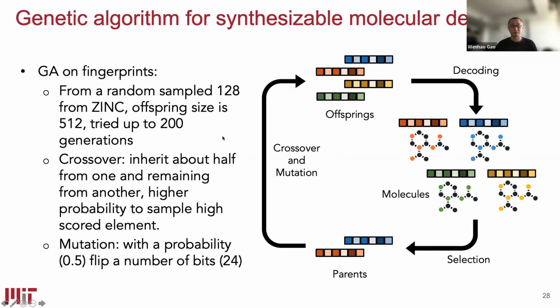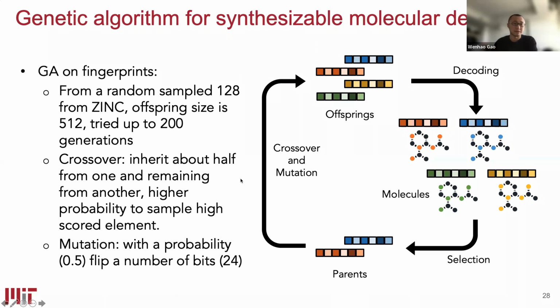In a typical setting, we can select a random batch of fingerprints from molecules in the ZINC database as the initial pool, crossover and mutate to obtain the offspring pools, decode to obtain the synthesizable molecules, and select based on the desired properties.